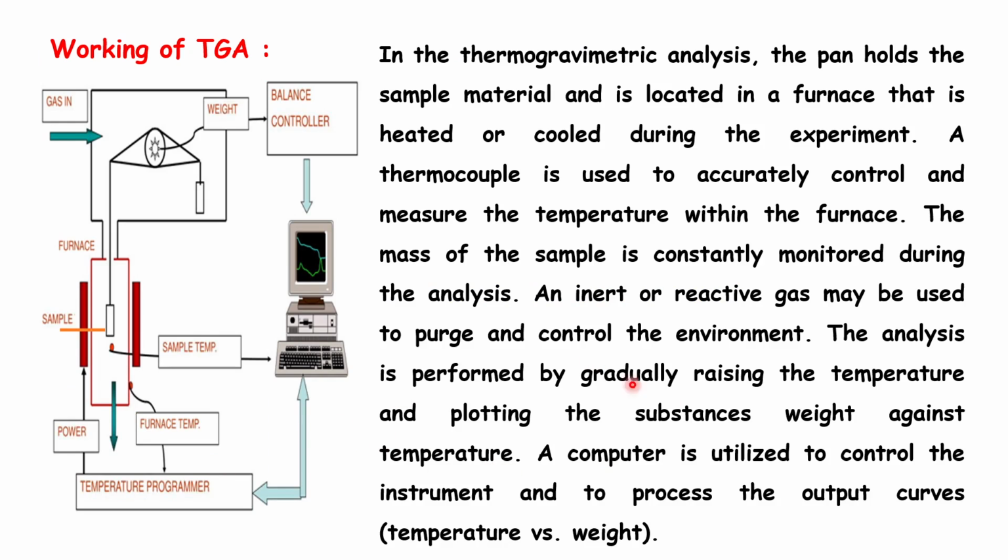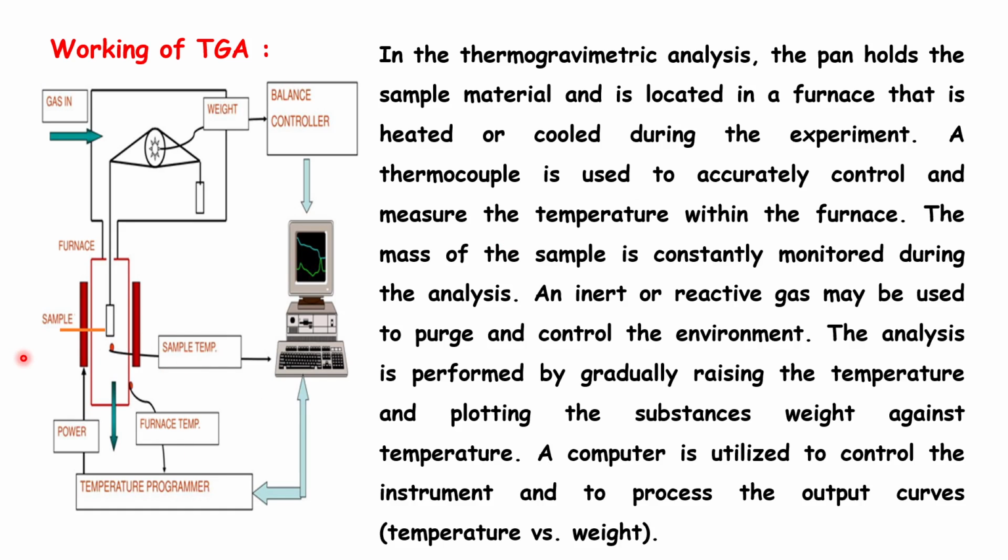Now we are going to see the working of the TGA. In this thermogravimetric analysis, the pan holds the sample material and it is located inside the furnace. It is heated or cooled during the experiment.